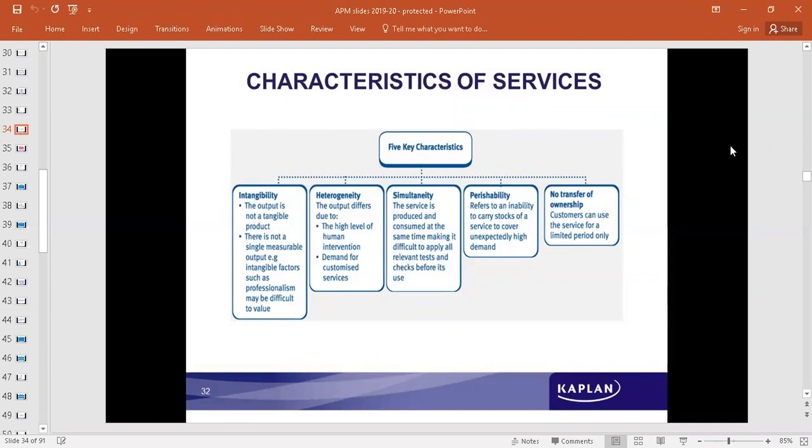Heterogeneity is customized. Each client to whom the services are provided, they are not provided in a standardized format. Products are standardized. Every unit of the product that is produced is similar to the other units. So it's a standardized production which is taken up for products. But services are customized. The same service is not provided to every patient visiting the doctor.